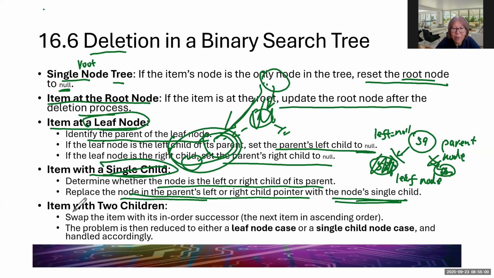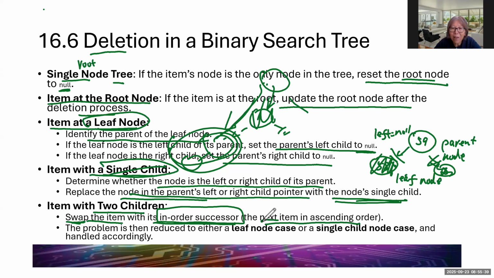Then the most complicated is the item with two children. We cannot do the single child case here, so we first need to do some swap operations. Swap the item with its next in-order successor. Keep this in-order successor concept in mind. It means the next item in ascending order, so we follow in-order traversal to find it.